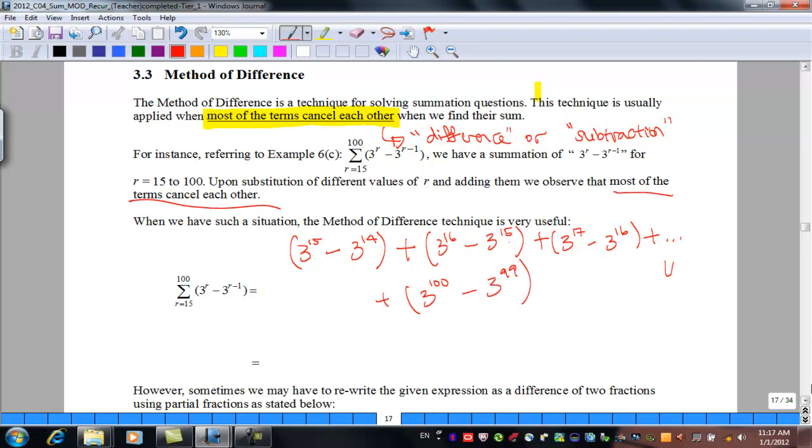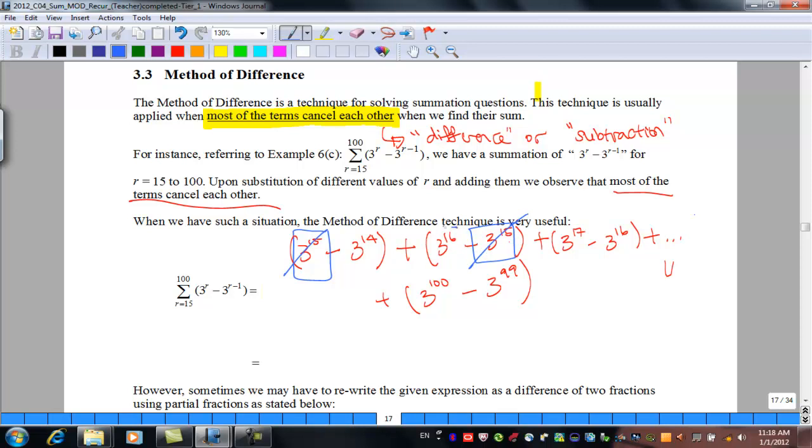This will be my last term. Now what do you observe about this? Can you see that I can actually do a cancellation in this case? I have 3 to the power of 15 minus 3 to the power of 15, and these two terms will cancel each other out.